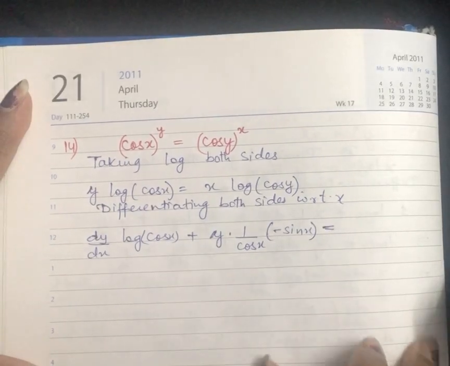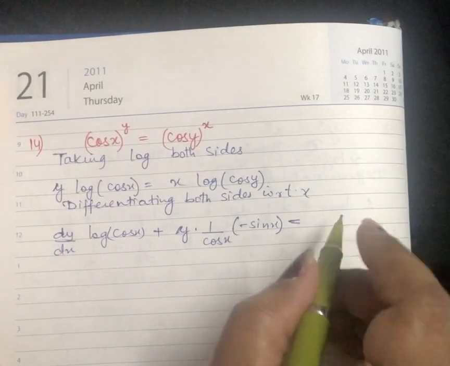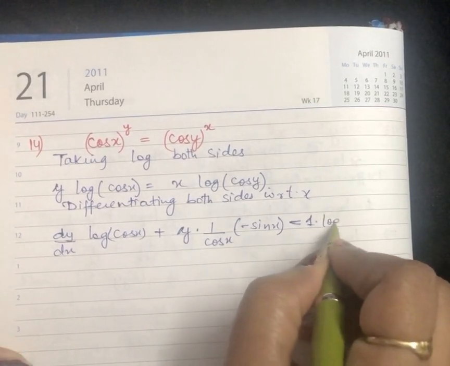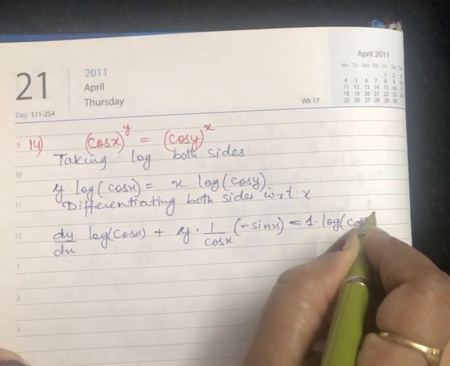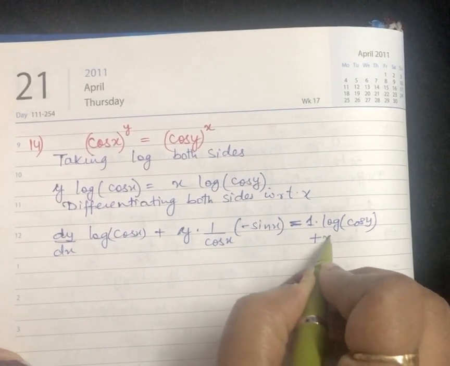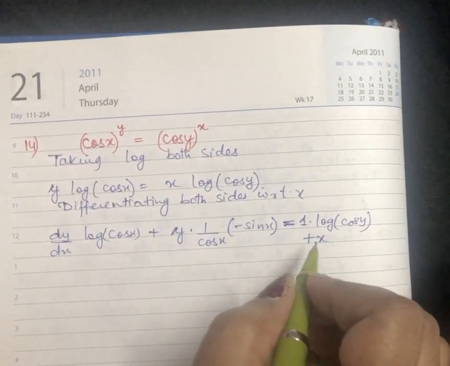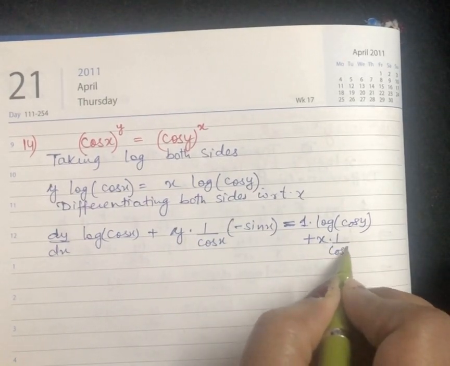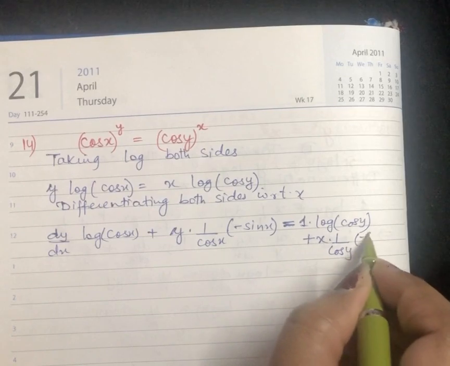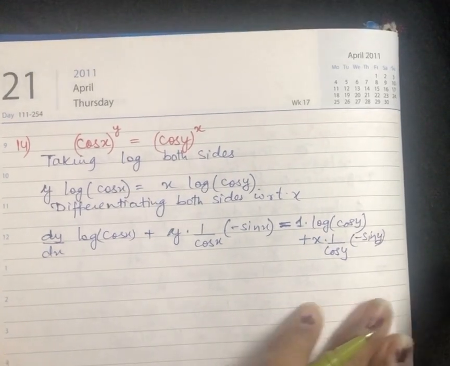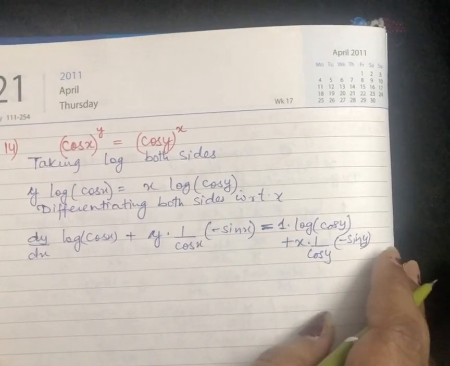That is equal to, now differentiation of x is 1, log of cos y as it is, then plus x as it is. Now differentiating log cos y will be 1 by cos y into differentiation of cos y is minus sin y into dy by dx.